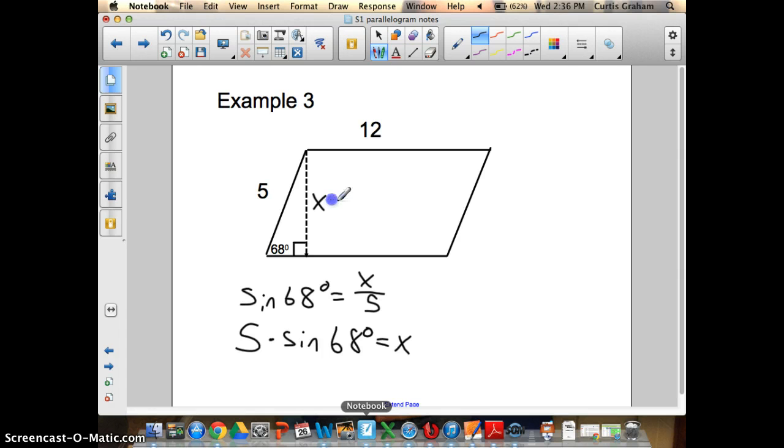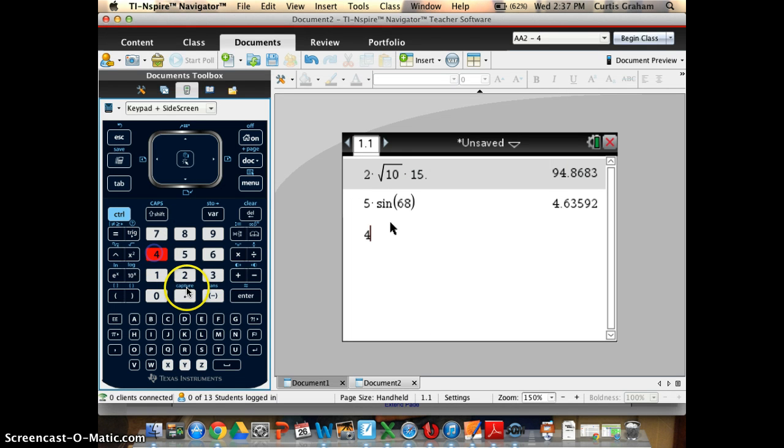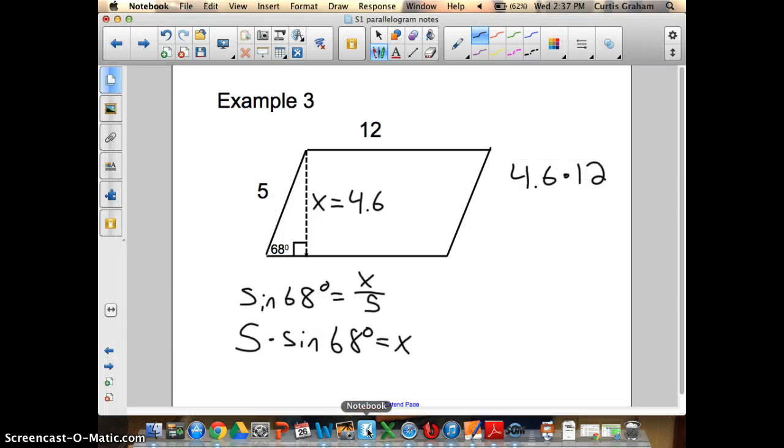So x is equal to 4.6. So my area is going to be 4.6 times 12, which is 55.2 units squared.